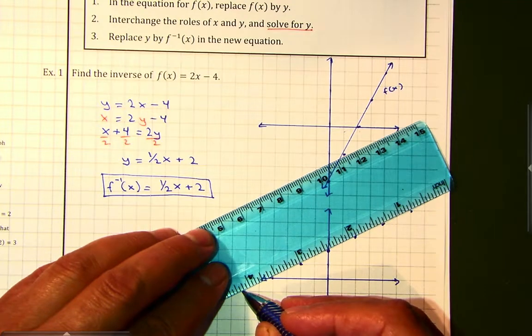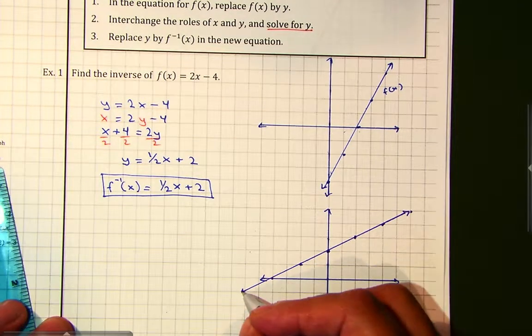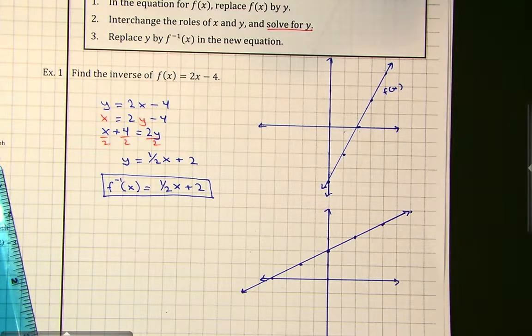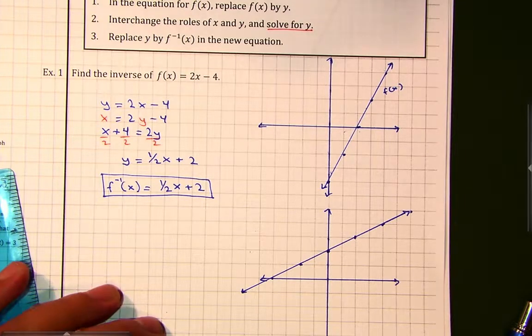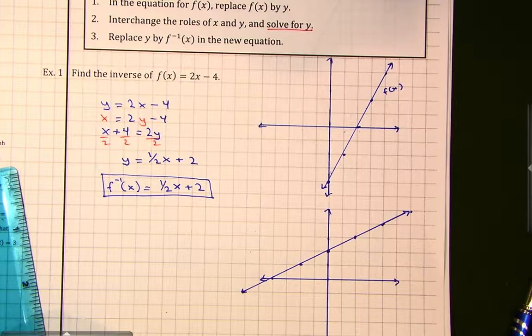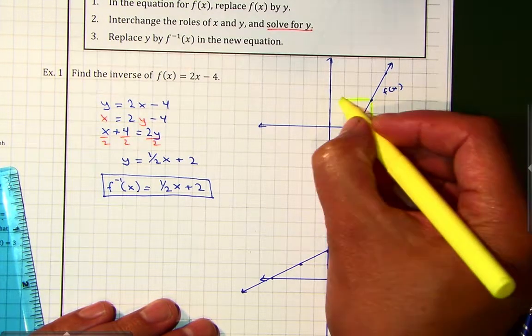And that is the graph. Then according to our definition, they should undo each other. So if I plug in a 3, I end up with a 2.